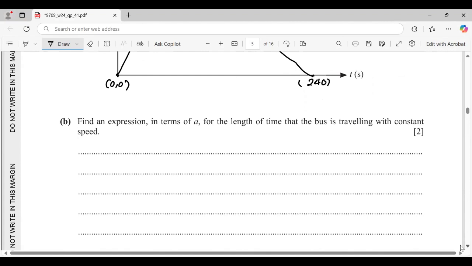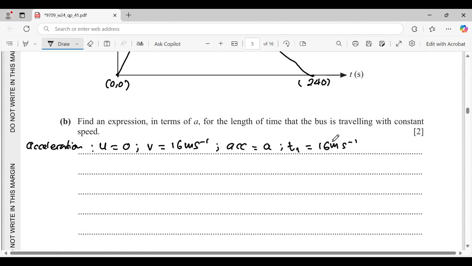Find an expression in terms of a for the length of time that the bus is traveling at constant speed. Right. So the acceleration phase, for the initial speed, or u, is 0, and the final speed, or v, is 16 meters per second, and the acceleration equals a according to the information, and the time to reach 16 meters per second is T1.